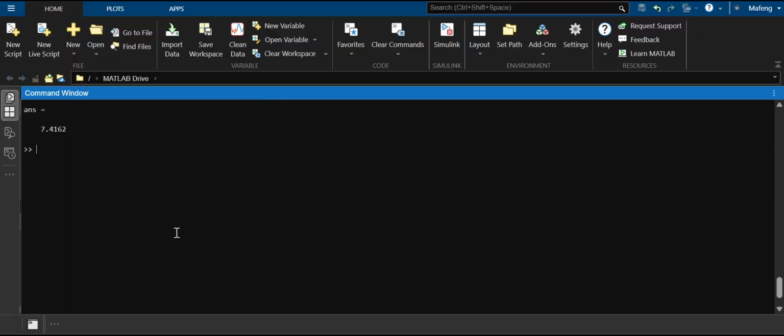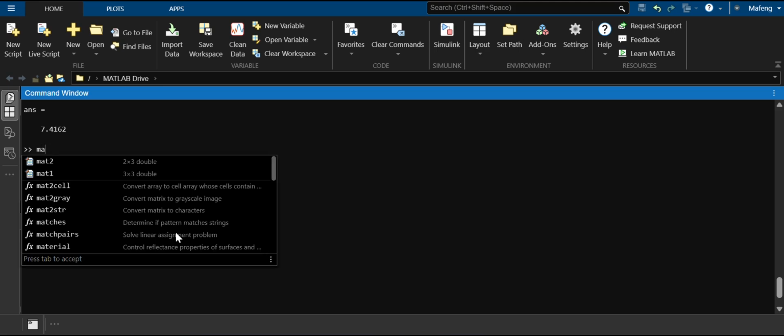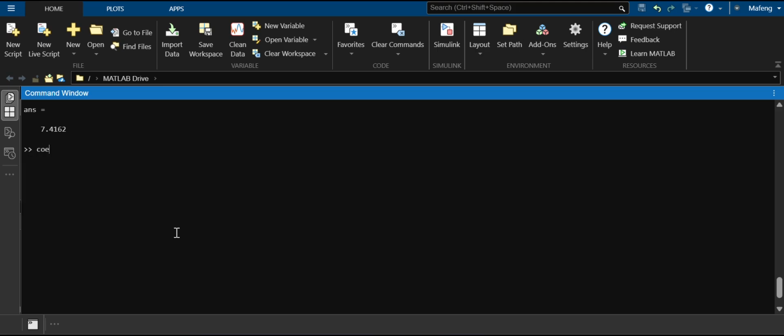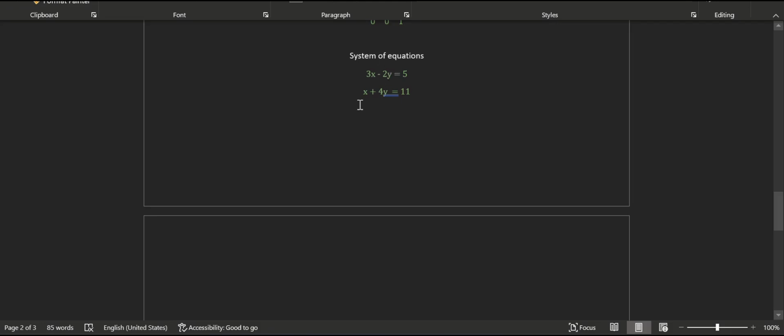So the coefficients, let me call it the coefficient matrix, will be 3 and minus 2, and then the bottom we would have 1 and 4. Let me check. Okay, 3 and minus 2, 1 and 4.